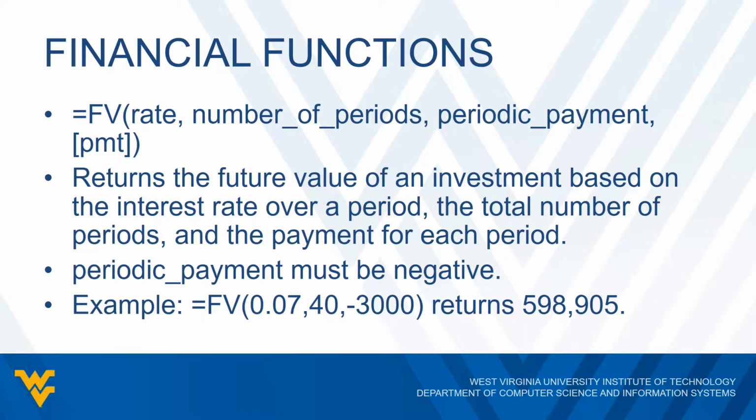If we apply those values into our function, this means that if we invest $3,000 a year for 40 years at 7% interest, we're going to get $598,905 back when you incorporate all that interest. That may say a little something about trying to save up some money for retirement now instead of waiting until you're 30 or 40 years old.